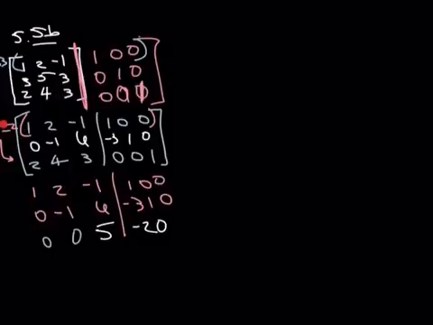And -2 times 0 is 0 plus 1 is 1. Alright, so we're getting closer. We've got a 1, a 0, and a 0.